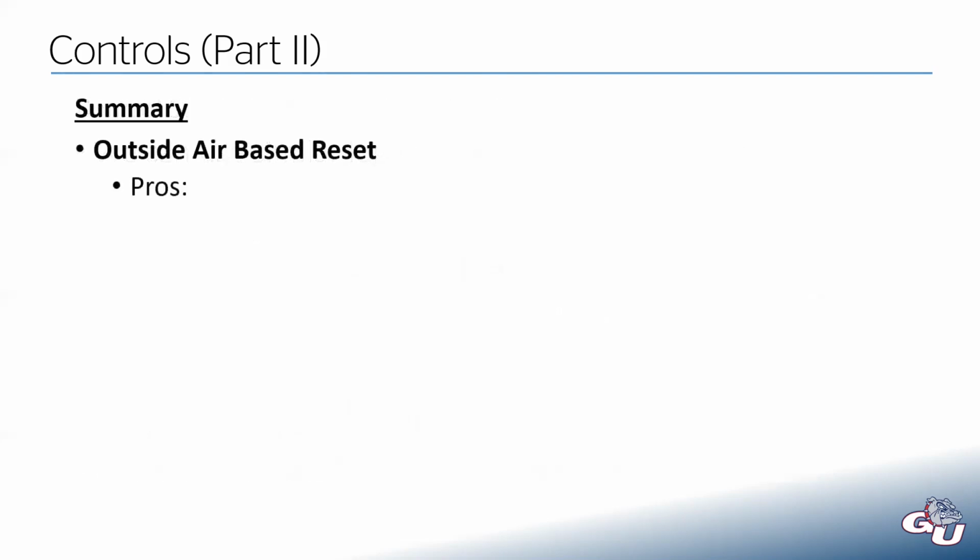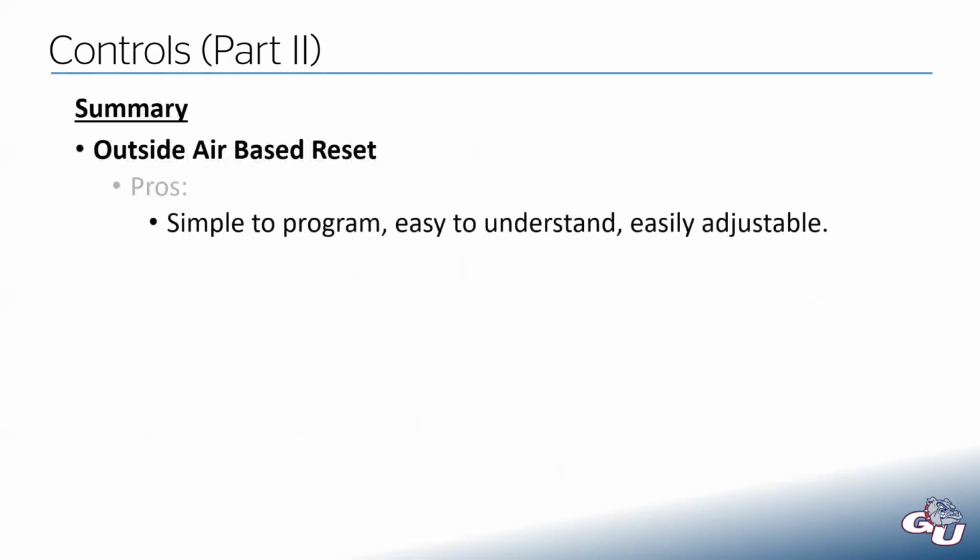The advantages of this is it's very easy to program, easy to understand, and easy to adjust. If you find that when I'm sitting at a 40-degree day my hot water is just not quite hot enough, you can easily go in and change the limits of that algorithm.